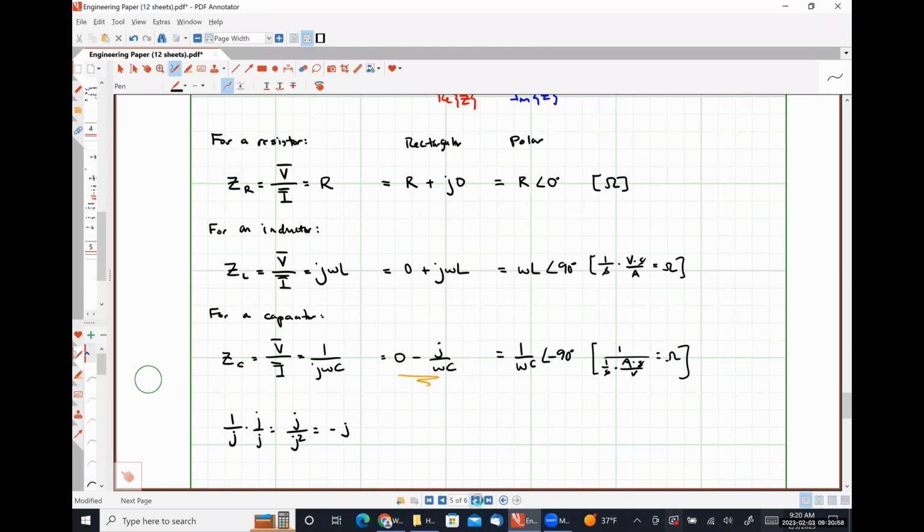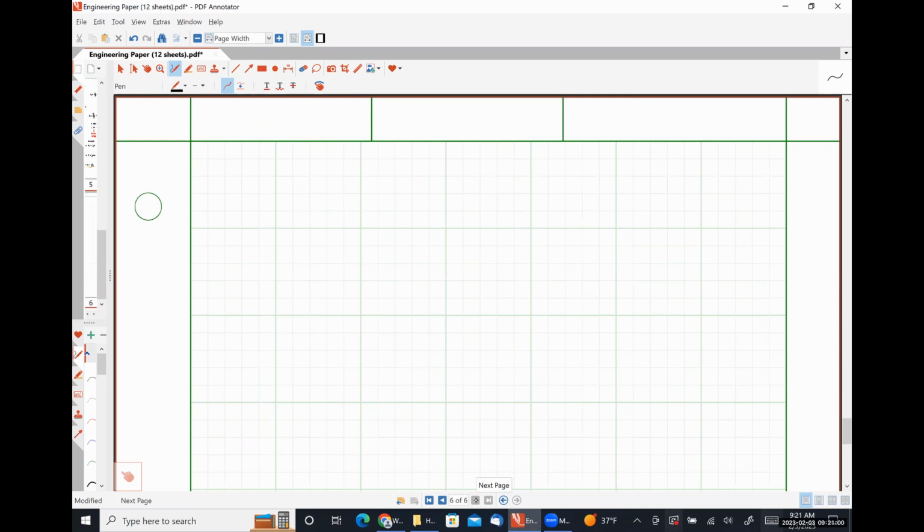Okay. So here is our time domain voltage. Here is our 10 ohm resistor. Here is our 5 millifarad capacitor.